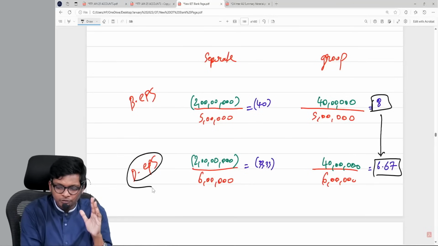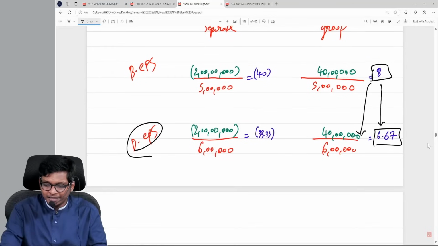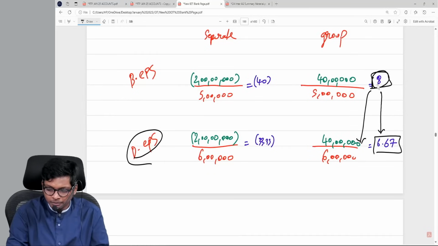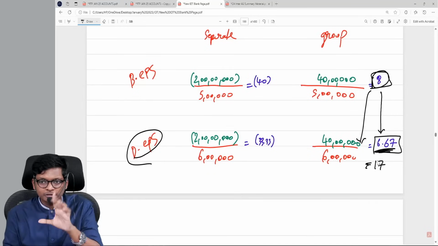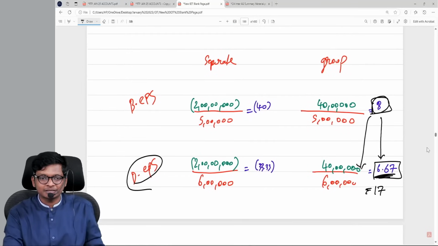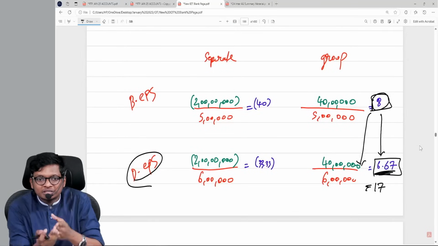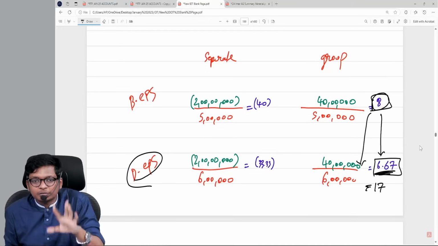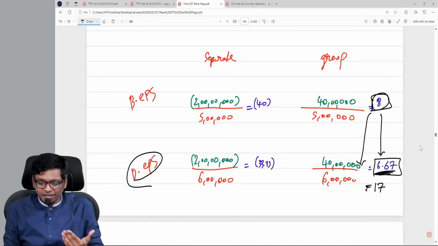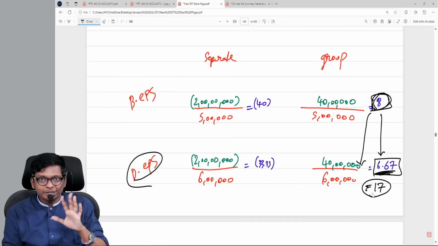Diluted EPS means what? EPS is supposed to reduce. If 8 becomes, instead of 6.67, 17 rupees, you should not disclose. Why? Diluted EPS means EPS is going to reduce, so by the prudence concept we will disclose. But if EPS is going to increase from 8 to 17, it is not diluting.